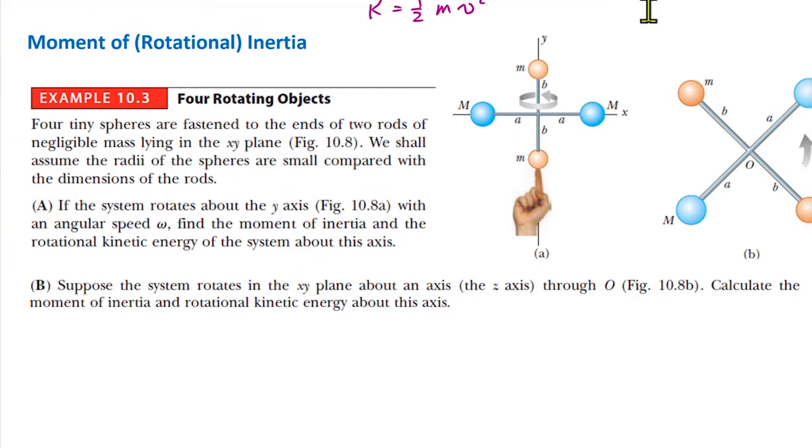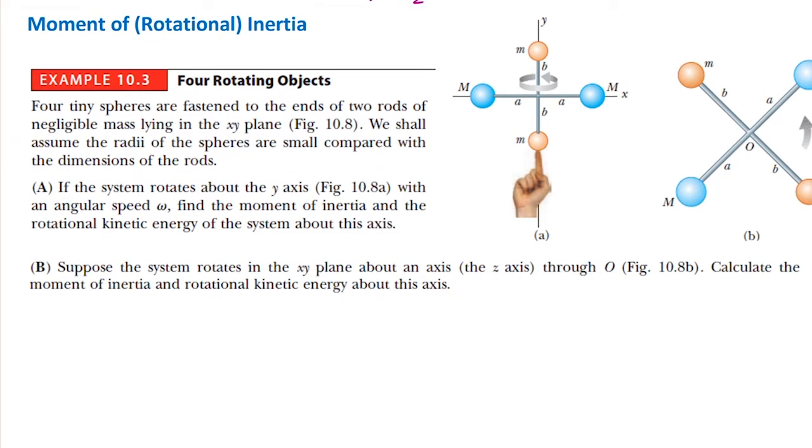Good. So the way you think is, how much torque does it take to rotate this? These two masses really don't contribute much because they are on the rotational axis. It's only these two that require a torque. So for case A, we'll calculate I1, which happens to be capital M times A squared.